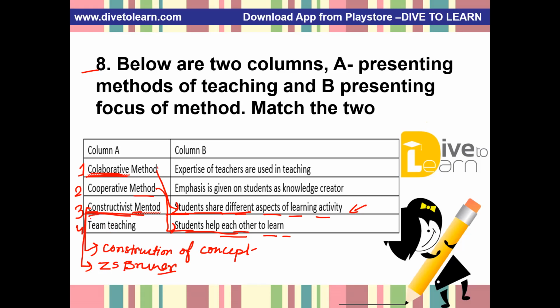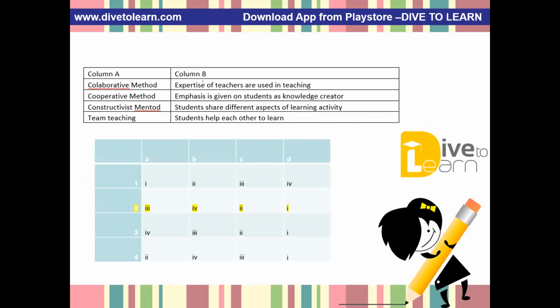So remember when we say constructivist, they construct knowledge by building on the ideas and concepts that are already existing. And in team teaching, what happens? Team teaching, two teachers teaching together, expertise of teachers is used in teaching. Teachers also learn from each other. So I just answered for you all, but you can match.